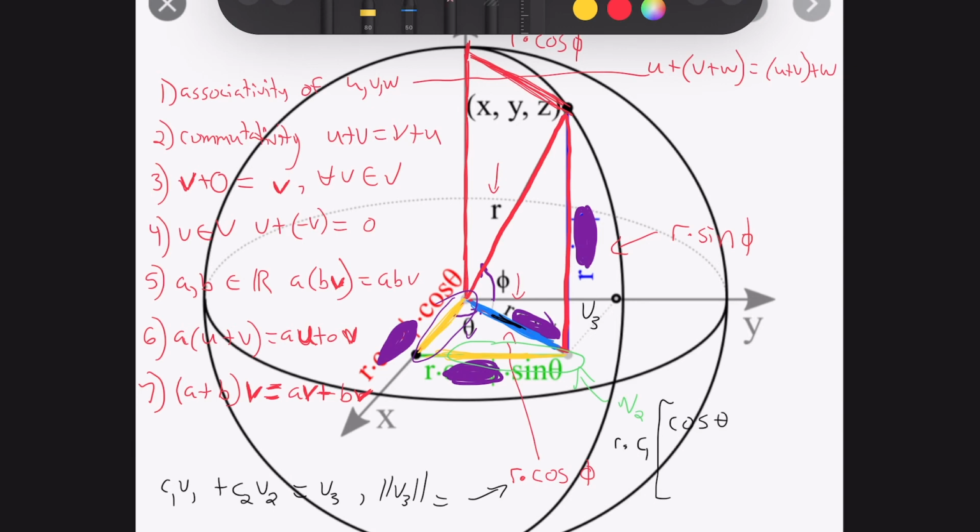Cosine theta, 0, plus C2, and there's another R here too, 0, sine theta, is going to be equal to C1 cos theta, C2 sine theta.